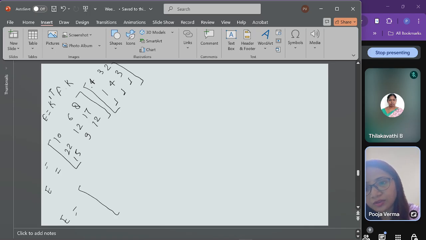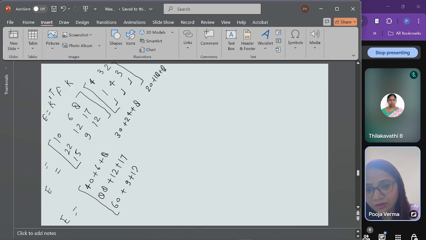So here 40 plus 6 plus 8. So first row this column and first row second column like this. So here you will get 30 plus 24 plus 8. Now next one 20 plus 18 plus 8. Right. Here you will get 88 plus 12 plus 17. Here you will get 60 plus 9 plus 12.